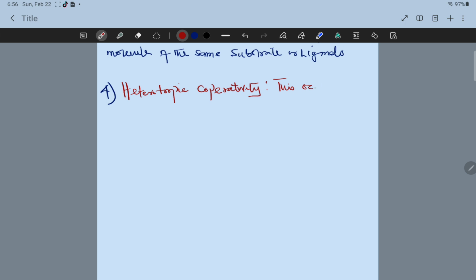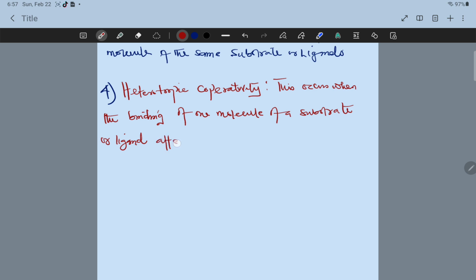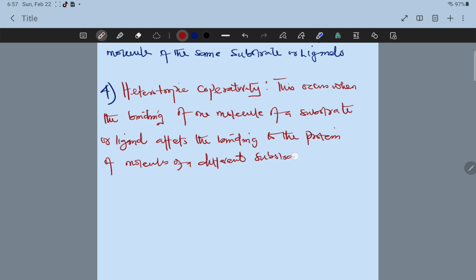This occurs when the binding of one molecule of a substrate or ligand affects, putting that in very simple terms, the binding to the protein of molecules of a different substrate or ligands. That's beautiful.